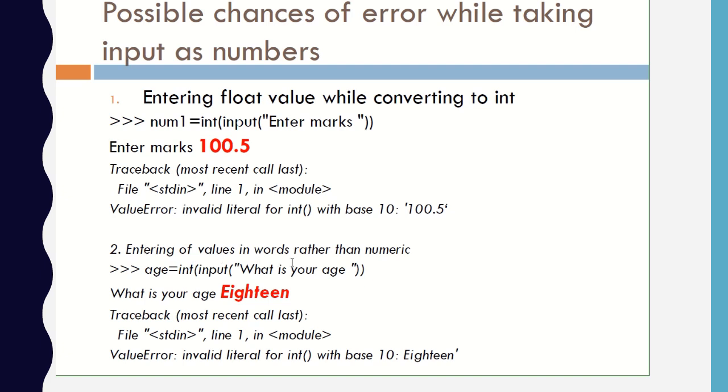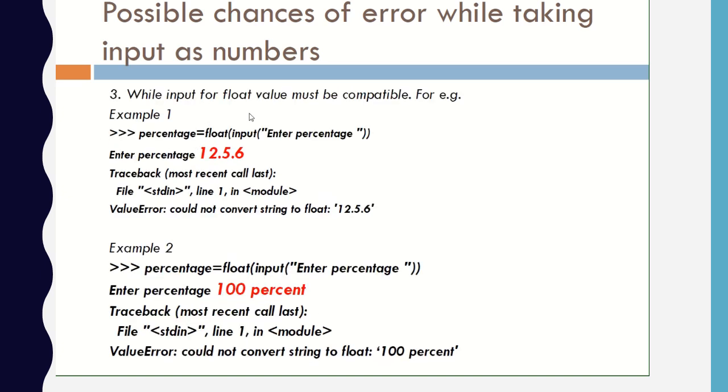Now, entering values in words rather than numeric form. Age is equal to int input, what is your age? You write 18, but the command you have given is int type, so you have to write 18 rather than writing characters. Otherwise you will find the invalid literal error. Next, input for a float value must be compatible, like 12.5. What about 12.5.6?